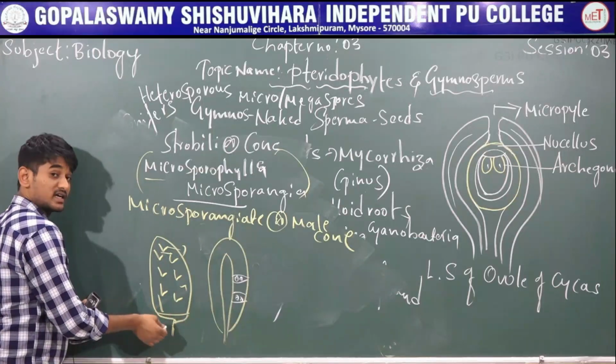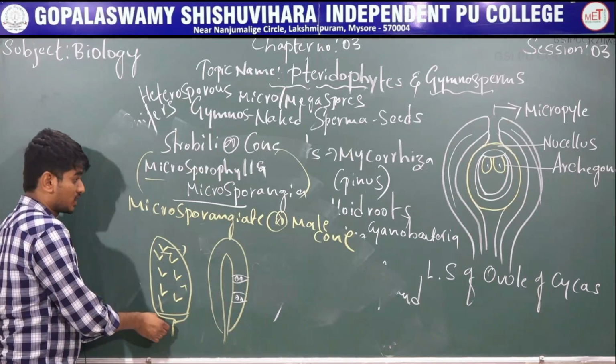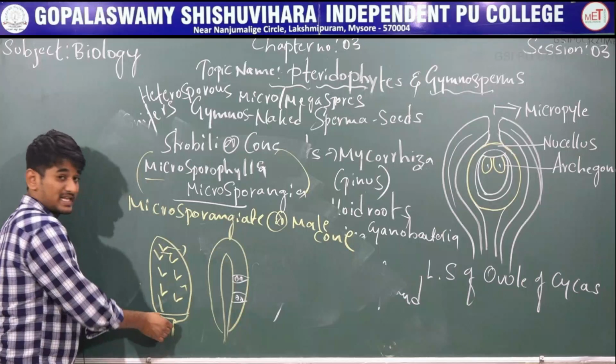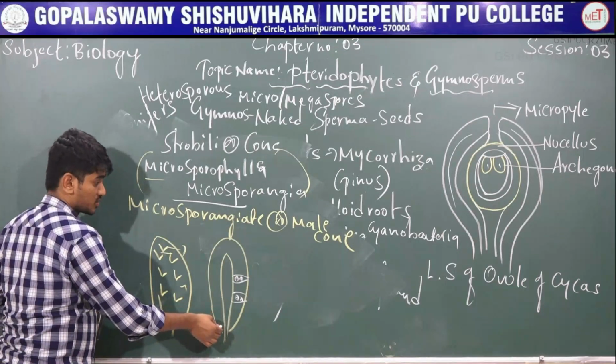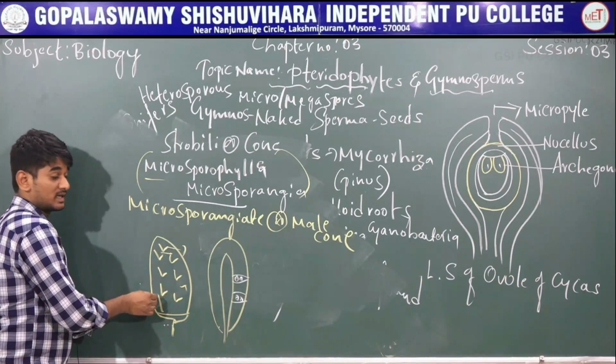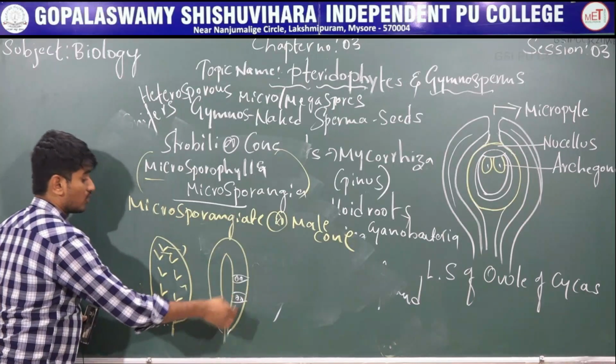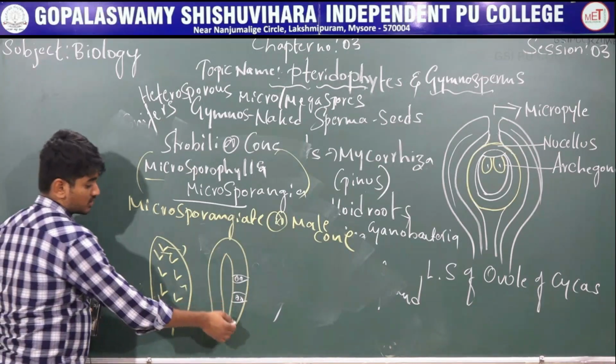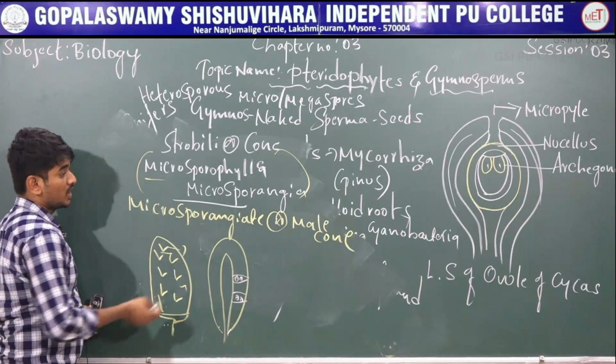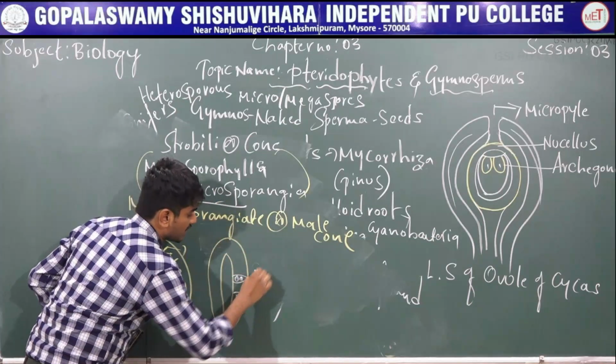See, this is the male cone. It's also called microsporangiate. This microsporangiate has a number of microsporophylls. Here I draw one microsporophyll. This one microsporophyll has a number of microsporangia.